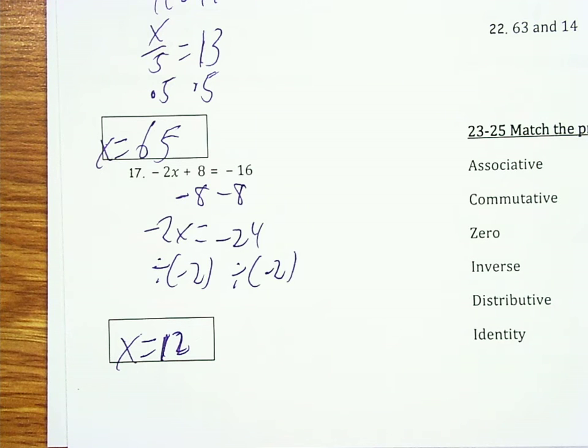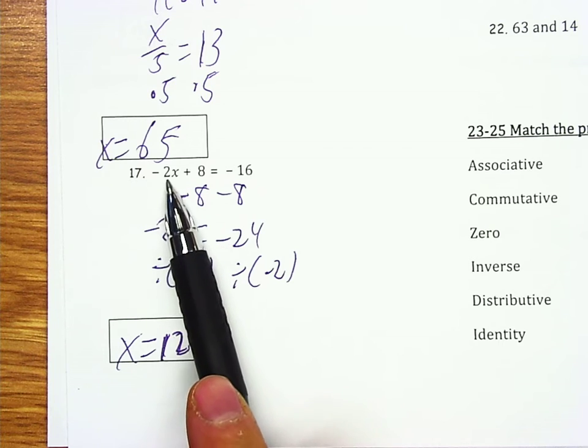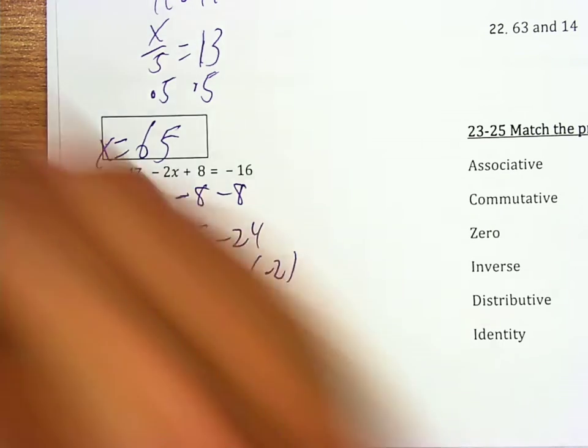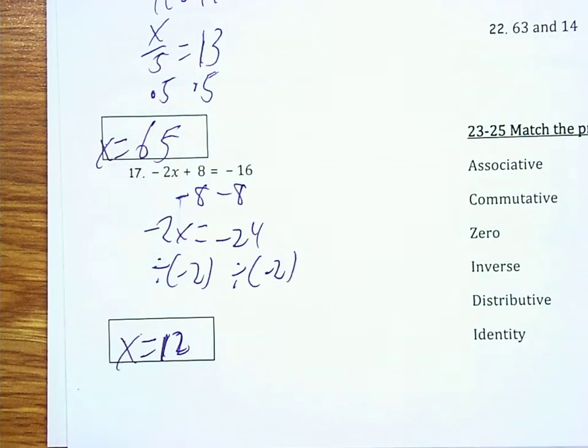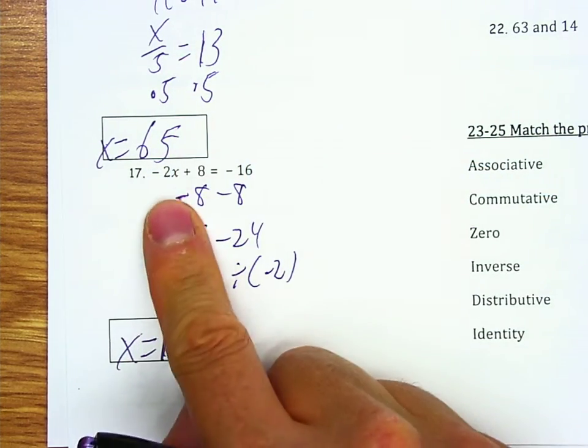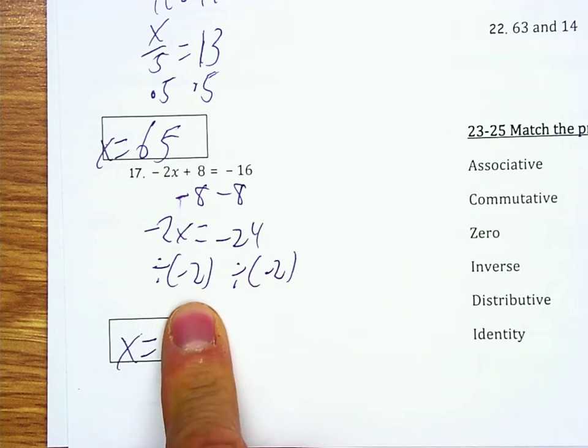Two-step equations on number 16 and 17. You have an add or subtract step, then a multiply or divide step. Again, if it's a coefficient that's an integer, you're going to divide by it. If it's a fractional coefficient, you're going to multiply. 16 was a fractional coefficient, x divided by 5, we multiplied by 5. 17 was an integer coefficient, we divided by negative 2.